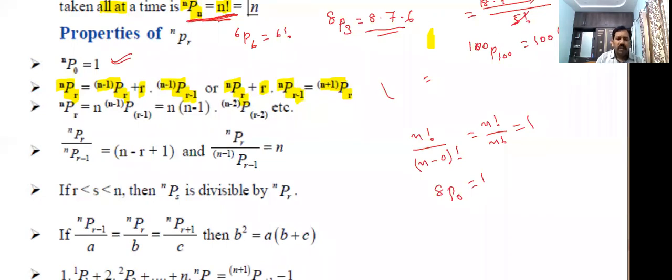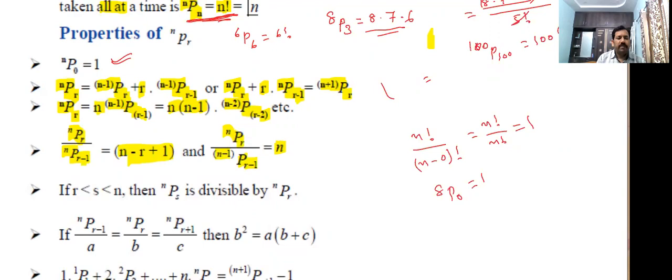Okay. nPr is equal to n into n minus 1 Pr minus 1, that is n into n minus 1 into n minus 2 Pr minus 2. Okay, this is one more formula. nPr divided by nPr minus 1 is equal to n minus r plus 1. These are the shortcut formulas. Okay, nPr divided by n minus 1 Pr minus 1 is equal to n.